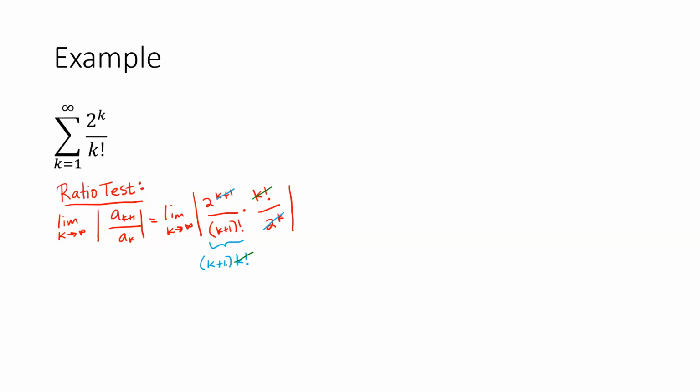So I'm just left with a k plus 1 in the denominator. So what remains now is the limit as k goes to infinity of 2 over k plus 1. Clearly now, as k goes to infinity, this limit equals 0.